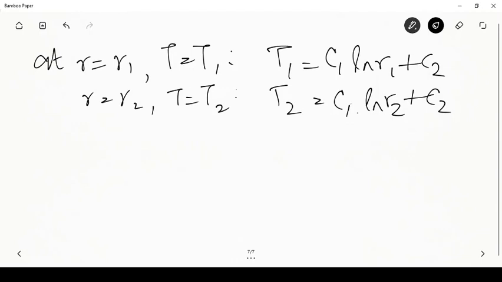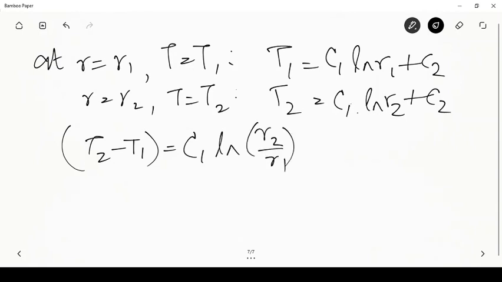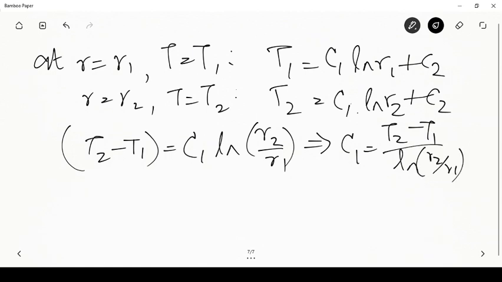You solve for them. If you subtract the two, you get T2 minus T1 is equal to C1 log R2 by R1, which gives you C1 is equal to T2 minus T1 by log of R2 by R1. So this is one constant. If I substitute this into the first equation, I get the second constant.